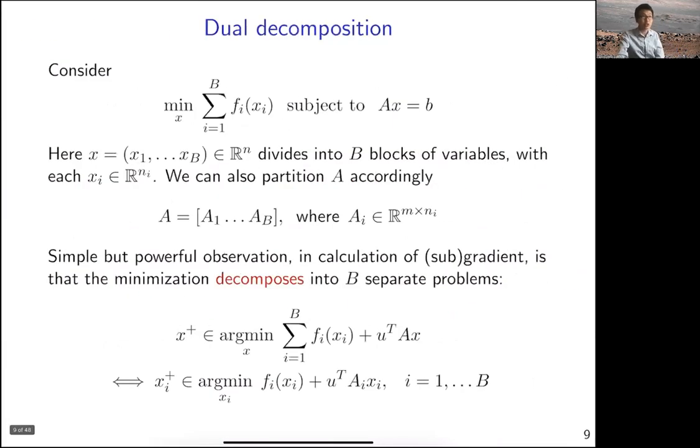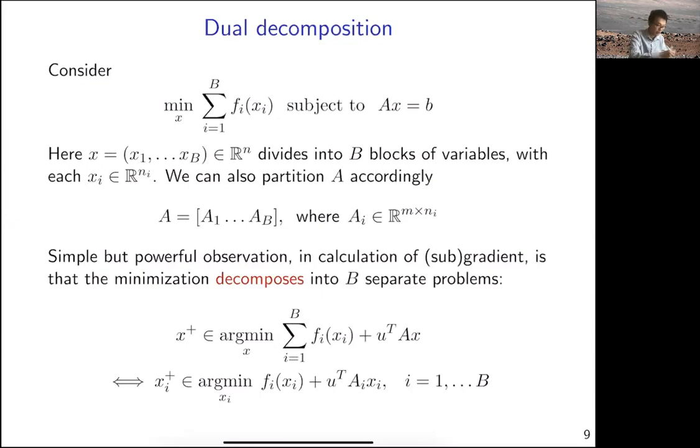So the motivation of doing the dual ascent algorithm is in fact the following. This is one of the major motivating applications of designing the ADMM algorithm in the first place. Okay, so think about the following problem where the objective function is actually decomposable into blocks.